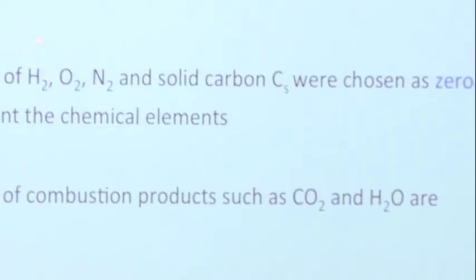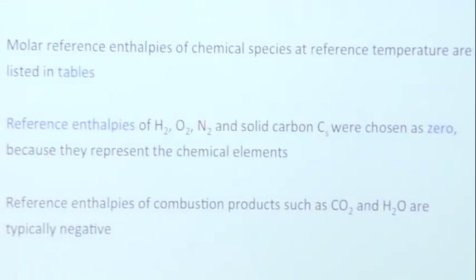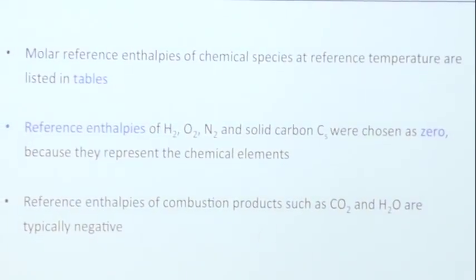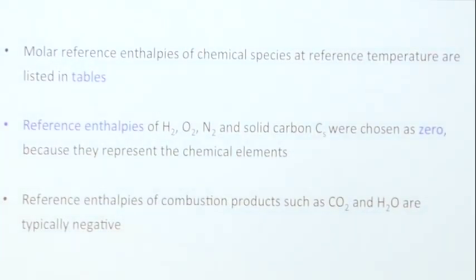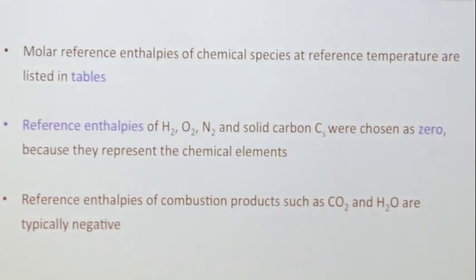But it's easier to define reference enthalpies of these molecules, because in this form it is much easier to measure the enthalpy of these species. And so if you look at these tables, typically the hydrogen, oxygen, and nitrogen molecules at 298.15 would be equal to 0. Okay?